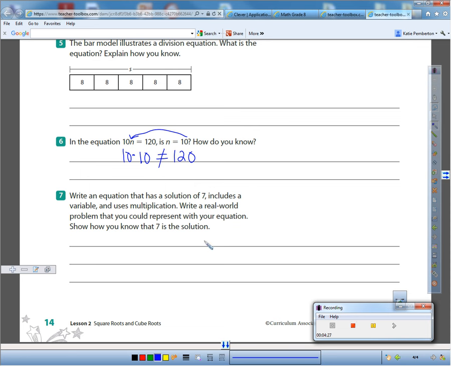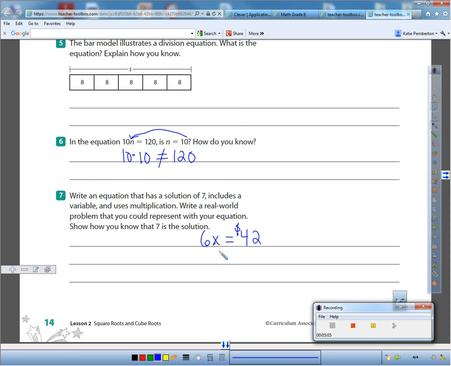So let's say we have 6 times x equals 42. Make it dollars. And this example could be that Mrs. Pemberton buys 6 movie tickets, and the total cost is $42.